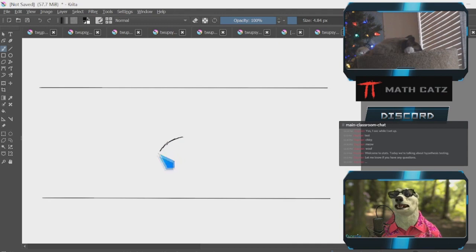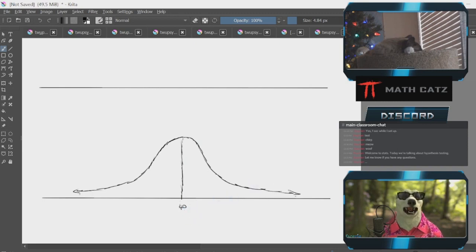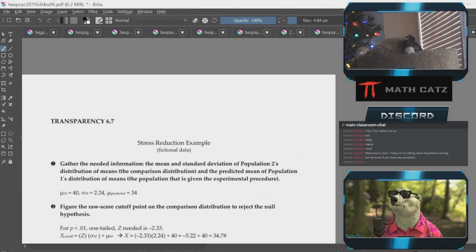I have to do it in little bits to try and make it nice and smooth for my bell curve. Over here, just sort of a standard shape. And that is, of course, centered at, I think it was 40. We can double check it. 40, yes.